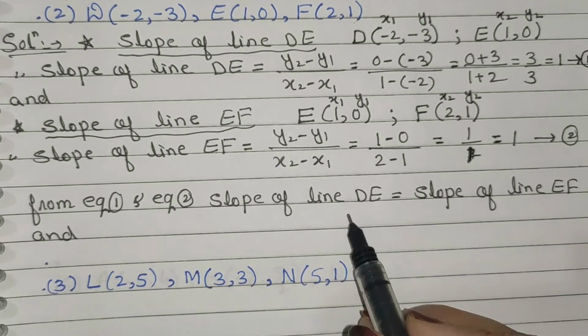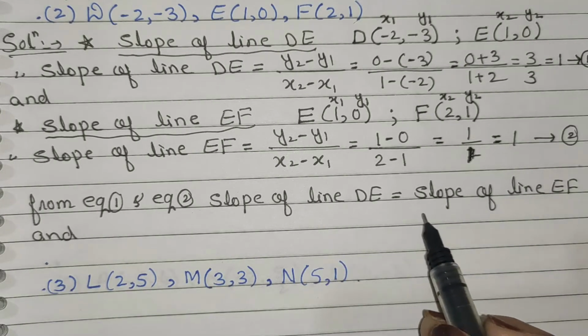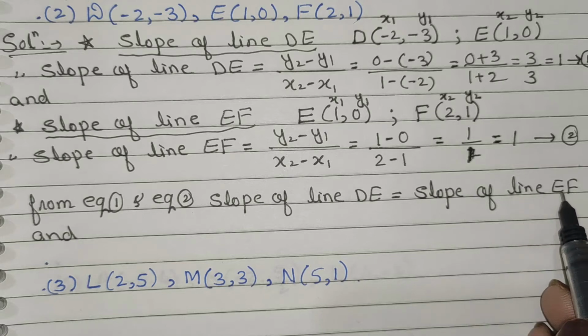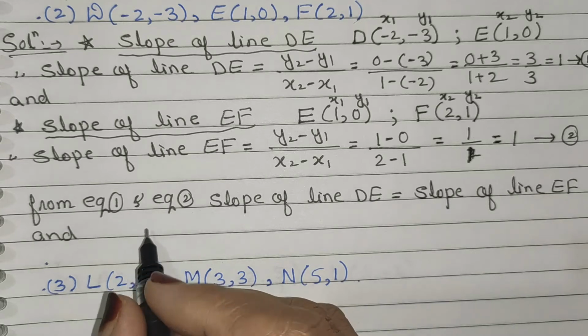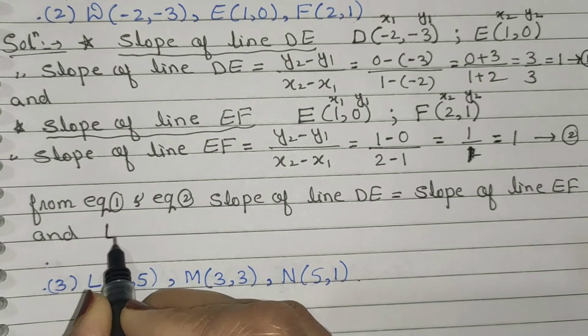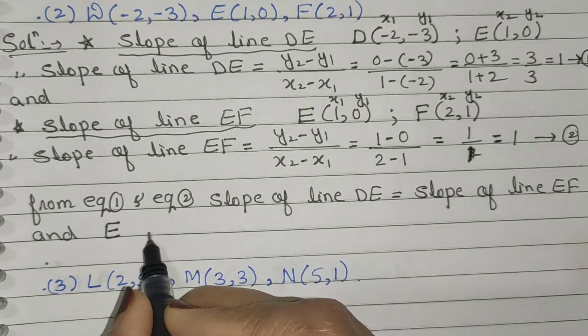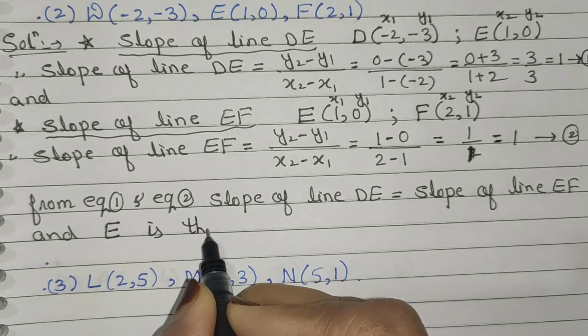Now look here, slope of line DE is equal to slope of line EF. Now look here, point E is common, therefore write down here, and E is the common point.